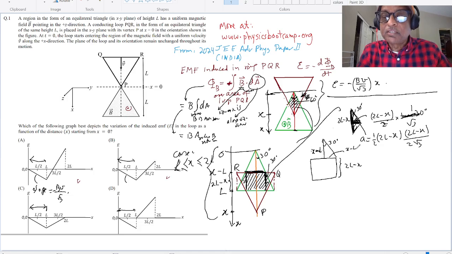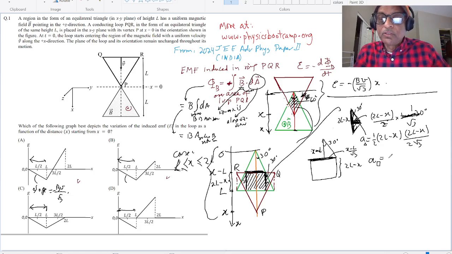It will be x minus L over square root of 3, and together the whole thing will be 2 times that. So the area of the rectangle will be 2 times x minus L over square root of 3 times 2L minus x, right?